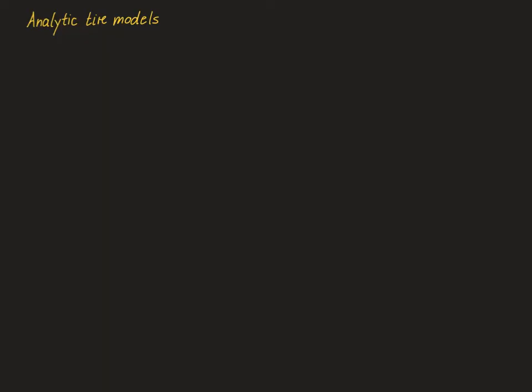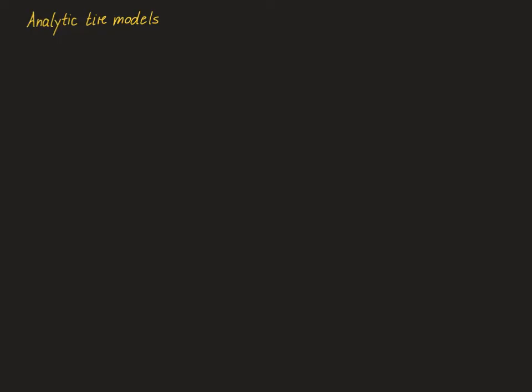Despite all those difficulties, or probably rather because of all those difficulties, a vast number of tire models have been proposed in the literature. Hence, it is impossible and it doesn't make any practical sense to try to list all of them.